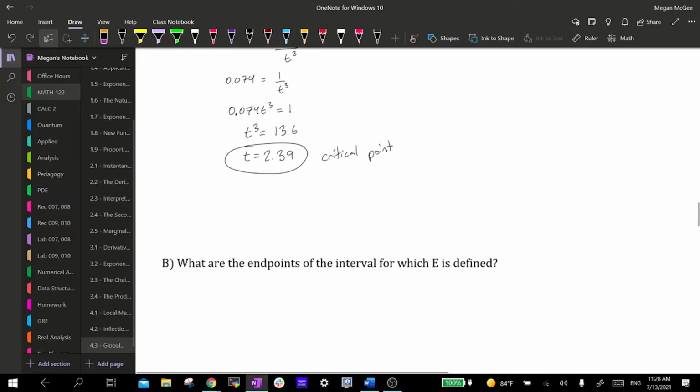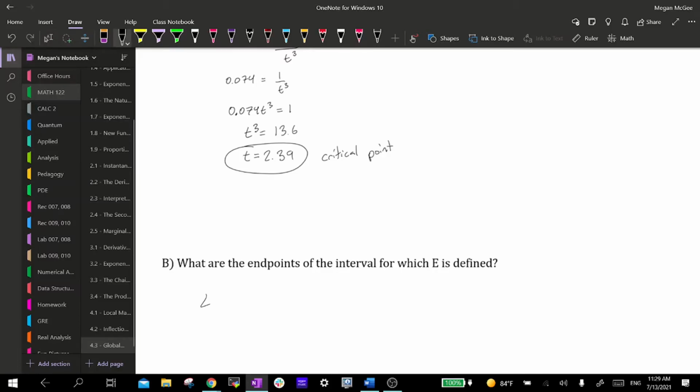So part B asks what are the endpoints of the interval for which the function e is defined. So we're not given an interval, okay? However, the problem talks about the amount of energy spent by a bird per day, and t is in hours. So the interval that would make sense is the number of hours that are in a day.